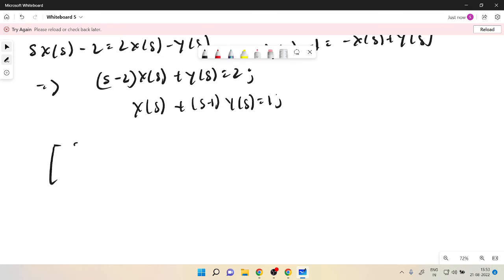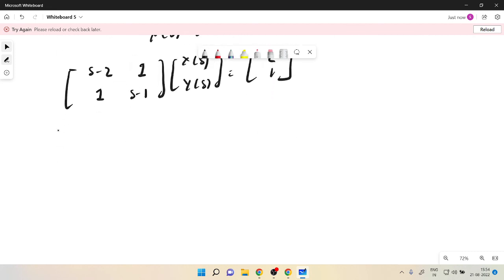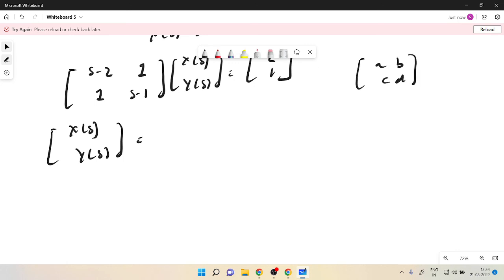So the matrix s minus 2, 1, 1, s minus 1 times x of s, y of s equals 2, 1, and then you invert this. The inverse of ABCD is D, minus B, minus C, A divided by AD minus BC.